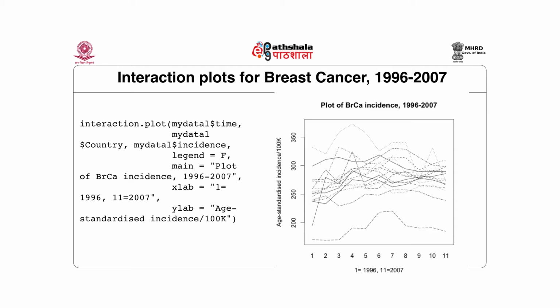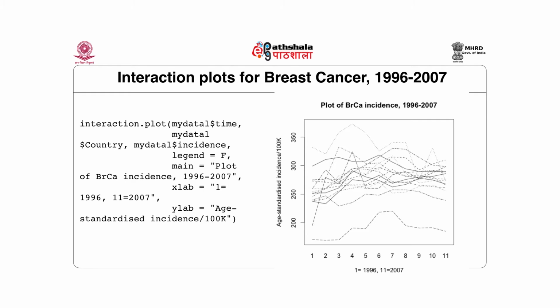x-axis. And note that because time is automatically pointed, when we converted the data from wide to long format, it had calculated 11 time points. So 11 time points will be plotted on the x-axis. Therefore, it is our responsibility to indicate what those 11 points are going to be, and this is now indicated using the xlab, which is the labeling of the x-axis, where I've said that 1 is equal to 1996 and 11 is equal to 2007.